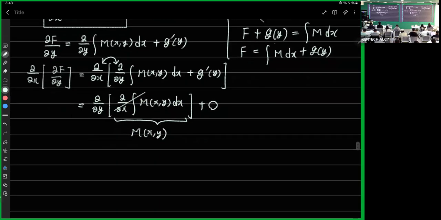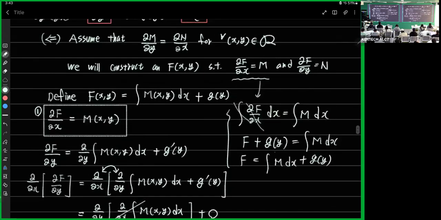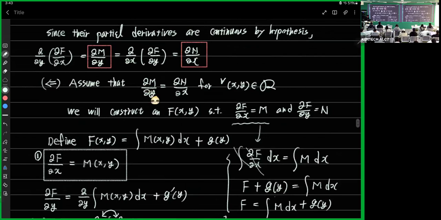Okay. So now we got this. This is equal to partial M partial y, right? And then now what are you going to do? This is equal to, but you see that? Here, what we assume, partial M partial y is equal to partial N partial x. This is the assumption, right?